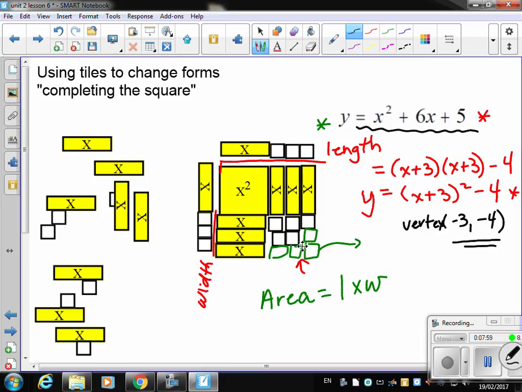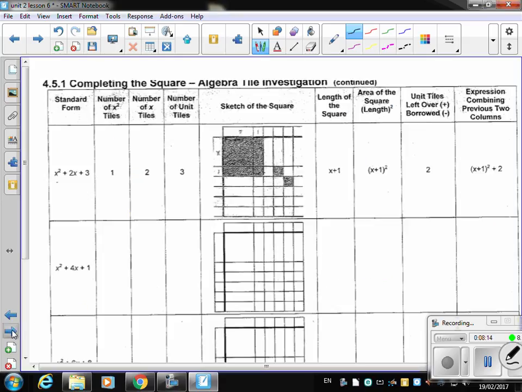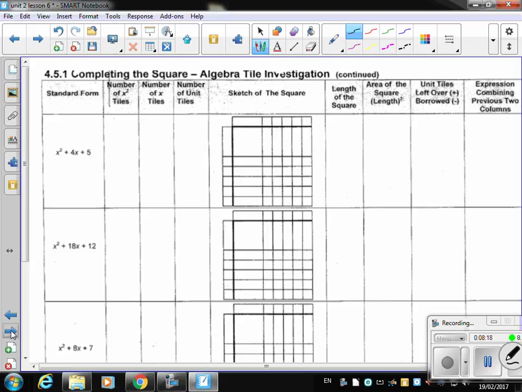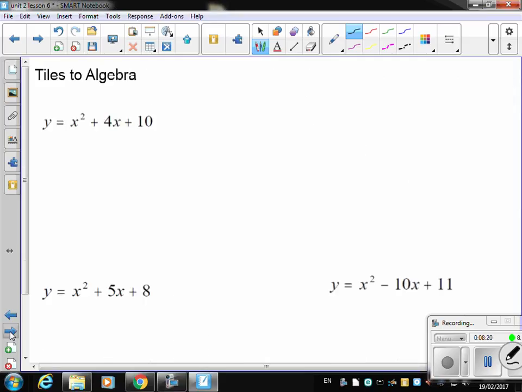So our job today is to go from this form to that form. And the reason that completing the square works is that if you were to draw it as an area, it would be the same. So without tiles, we're going to do some completing the square questions, and I'm going to model how we would do that algebraically.